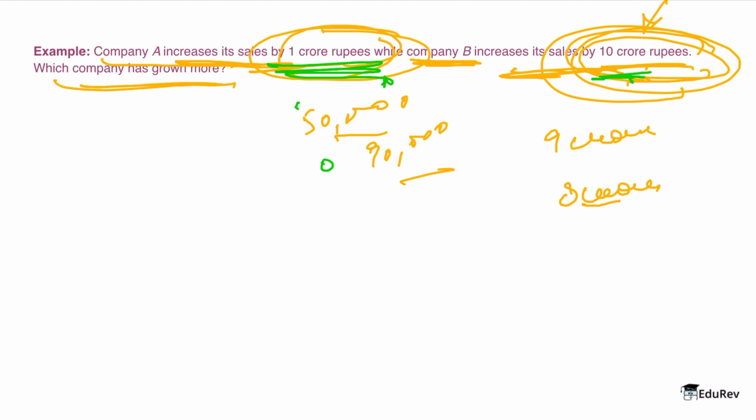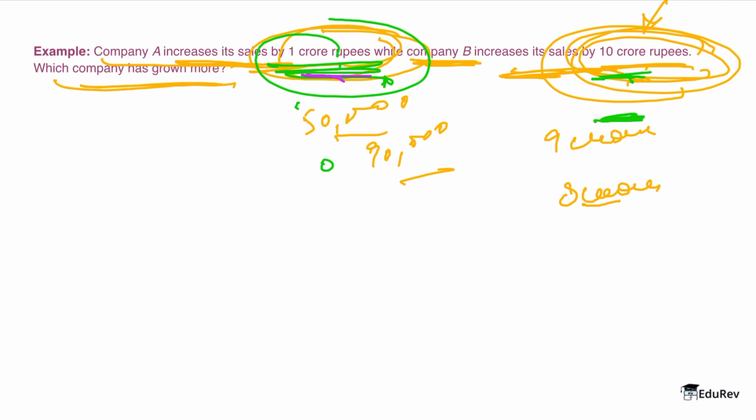Although on the face of it, company B seems to have grown more, obviously. If we have further information saying that company A had a sales turnover of rupees 1 crore in the previous year and company B had a sales turnover of rupees 100 crore in the previous year, we can compare the growth rates and see that it's company A that has grown 100%, right? Because in the previous year it was 1 crore, whereas the previous year of B was 100 crore.